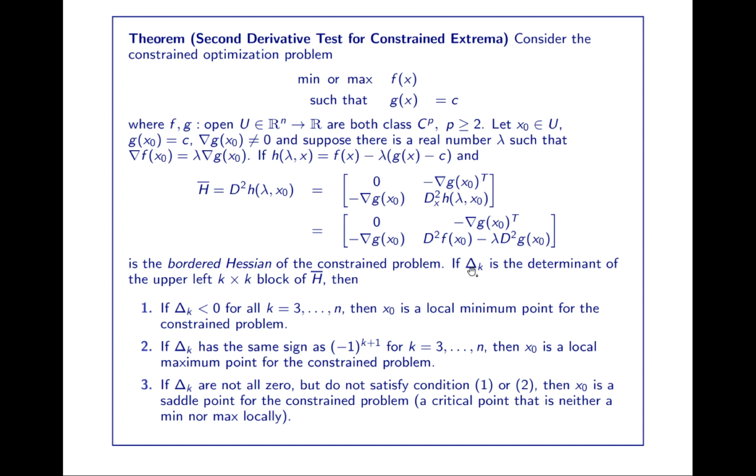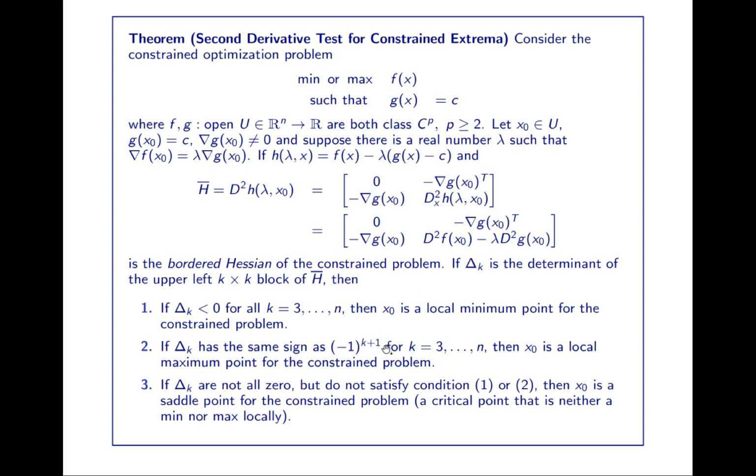So if delta k is the determinant of this matrix for the upper left k by k block, then if delta k is always less than 0, then x naught is a local minimum. But if it flips signs starting at k equals 3, and of course when k is equal to 3, I get negative 1 to the 4, so positive.